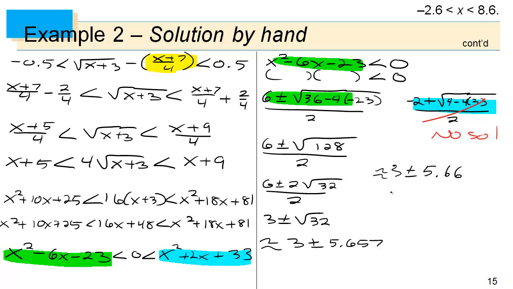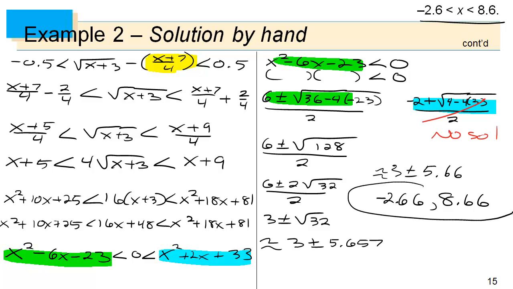Which is going to give you negative 2.66 and 8.66. And I wrote the answer up here from the previous that we got from the calculator, negative 2.6 and positive 8.6. So you can see that we get the same thing both ways.